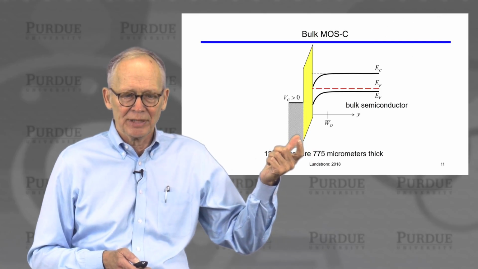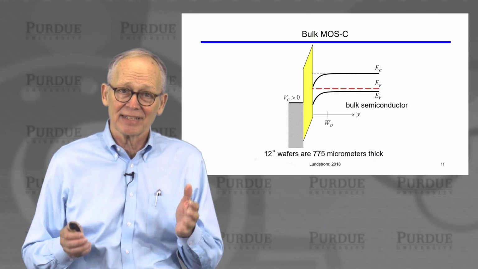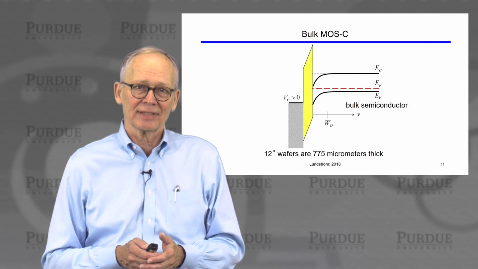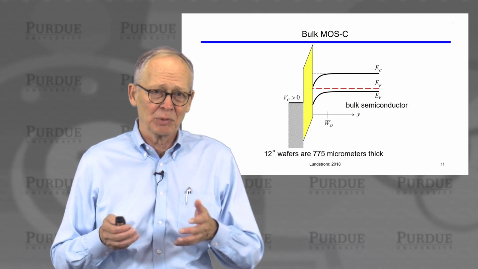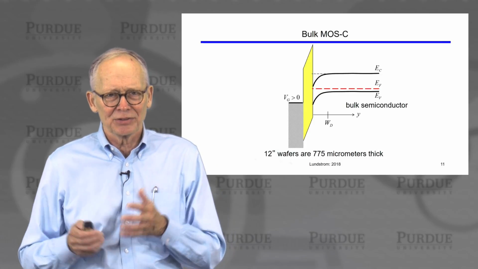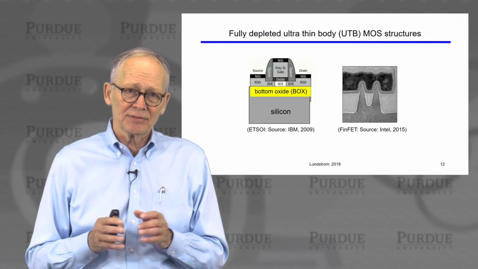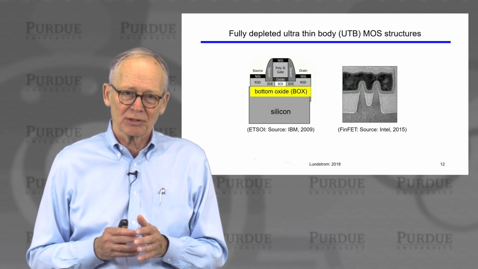You know, 300 millimeter, 12-inch wafers are 775 micrometers thick. That is really, really, really thick compared to the thickness of inversion and depletion regions. Remember we worked out a depletion region example and it was on the order of 20 or 30 nanometers thick.